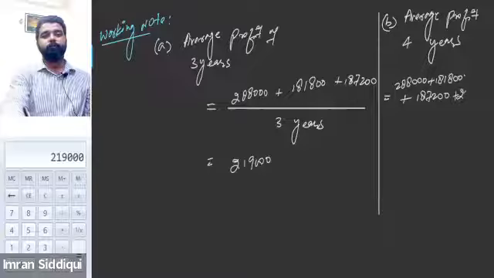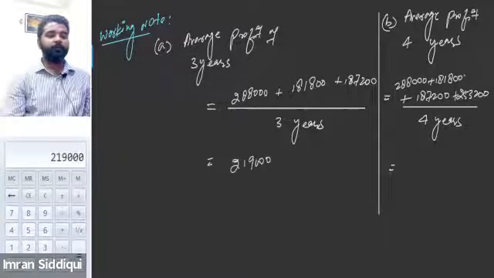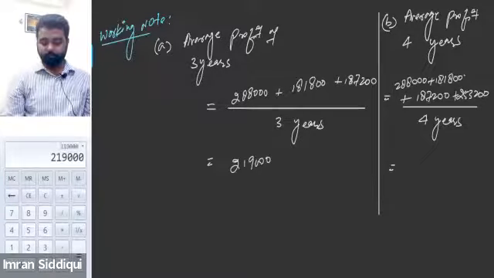So 2,53,200, and this time we will be dividing it by 4 years. Okay, and this is how we will be able to find out the average profit.